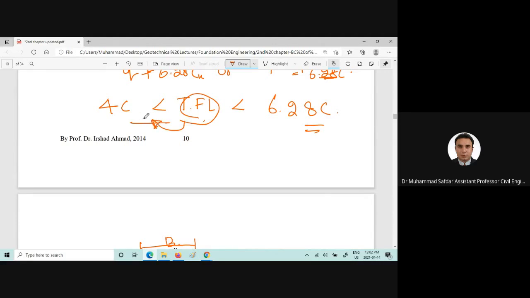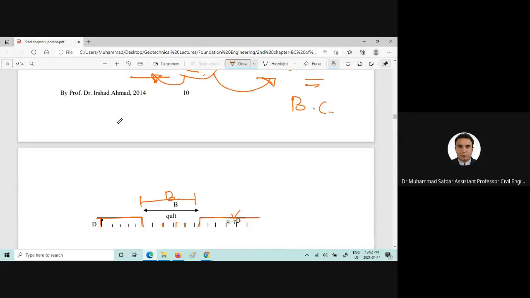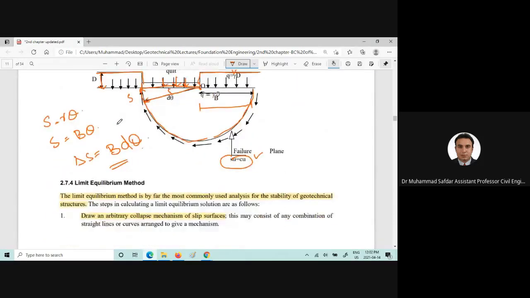So this is the lowest bearing capacity value possible, and this is the highest, the upper bound solution, the maximum value possible for the bearing capacity. And remember, just to give you a recall, we are just making a base for how we can find out the bearing capacities.